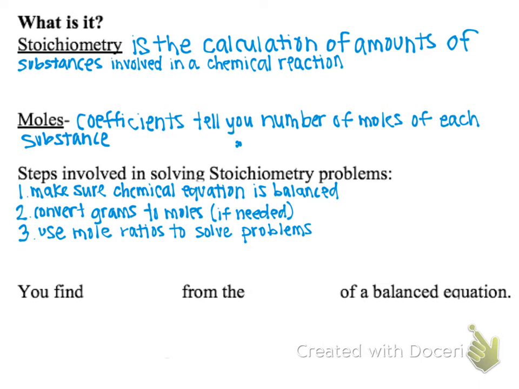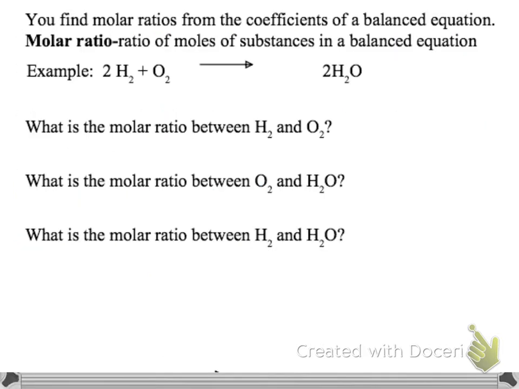And then that last line, to fill in the blanks, you find mole ratios from the coefficients of a balanced equation. So again, your molar ratio, or your mole ratio, is the ratio of moles of substances in a balanced equation.